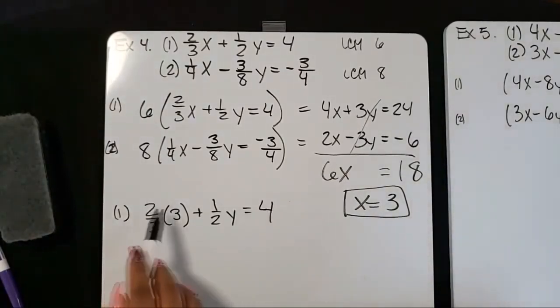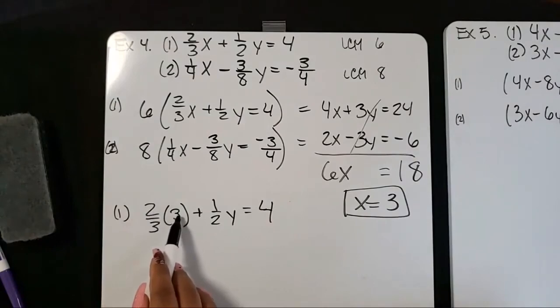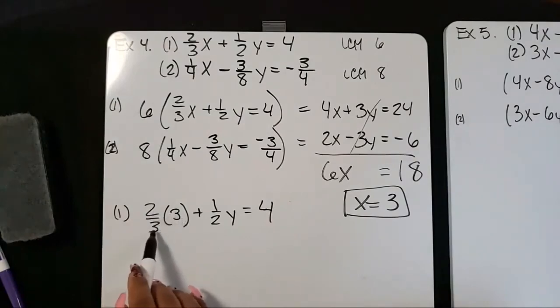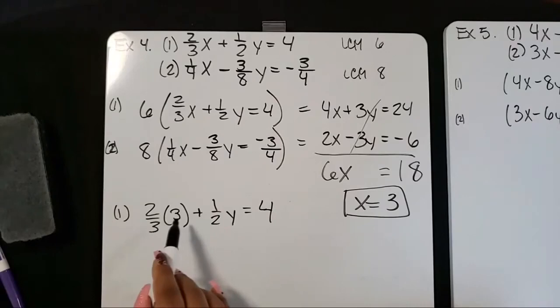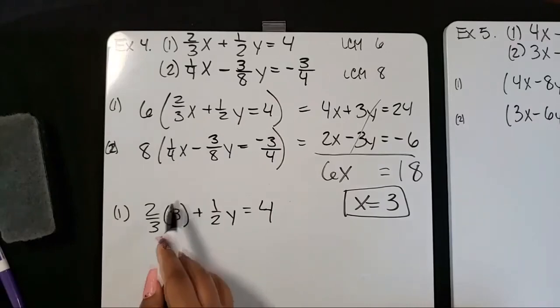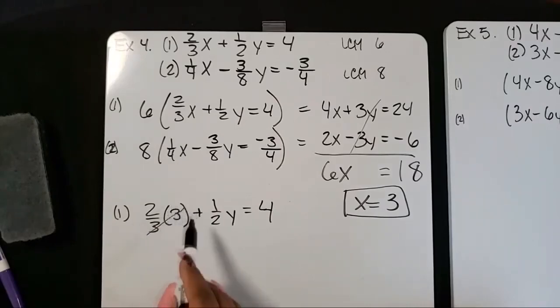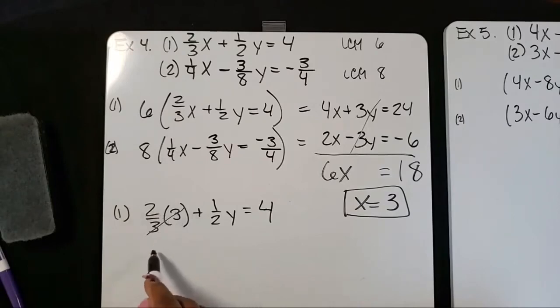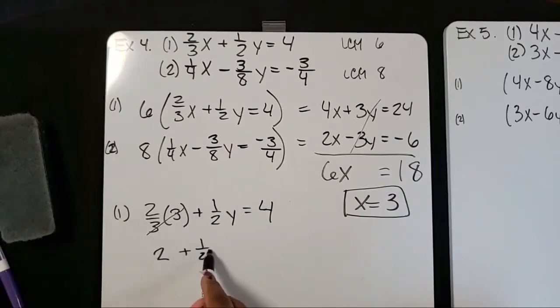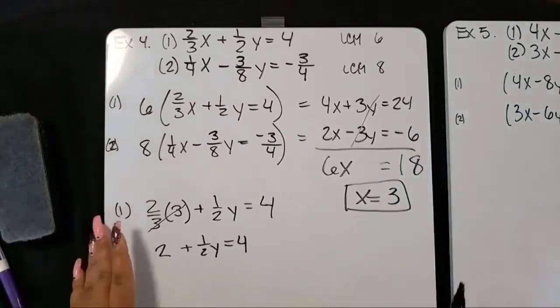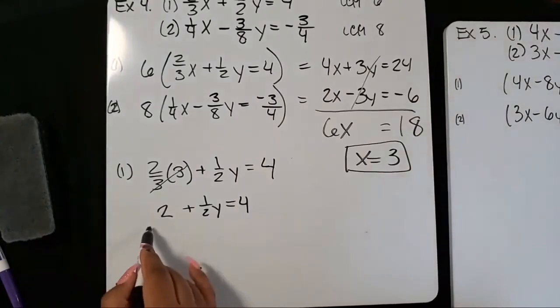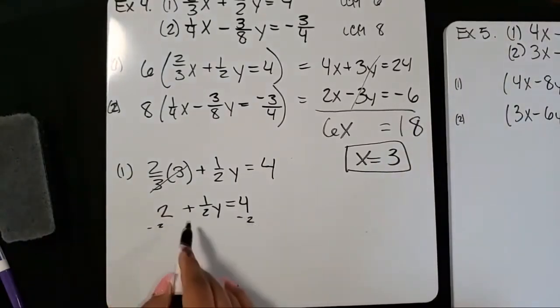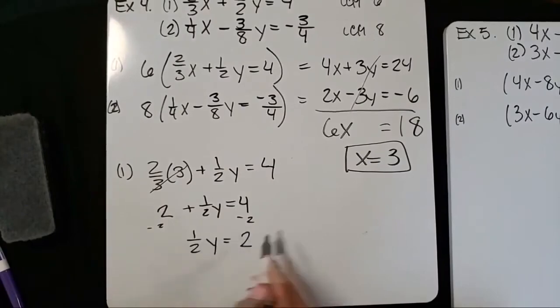So 2 times 3 is 6, divided by 3 is 2. Or if you just know 3 over 3 is 1, and we're left with 2. However you do that calculation, as long as you get 2. So we're going to subtract 2 on both sides. So we have 1/2 y equals 2.